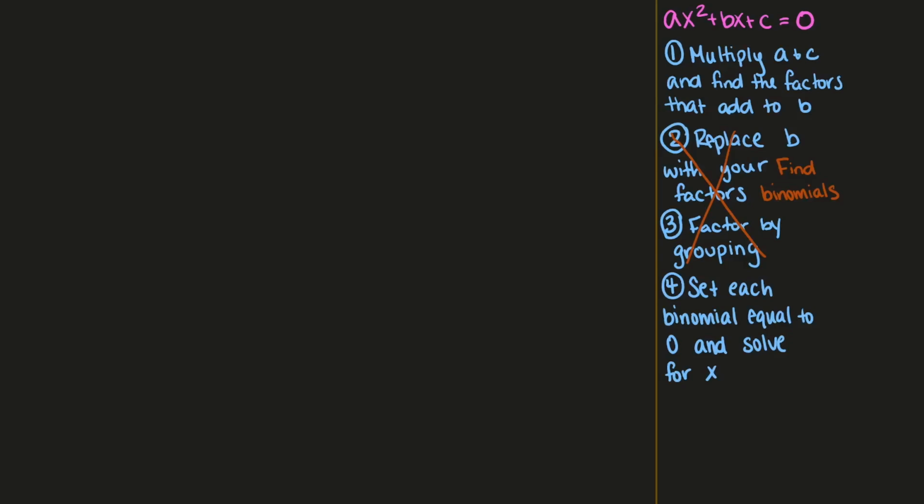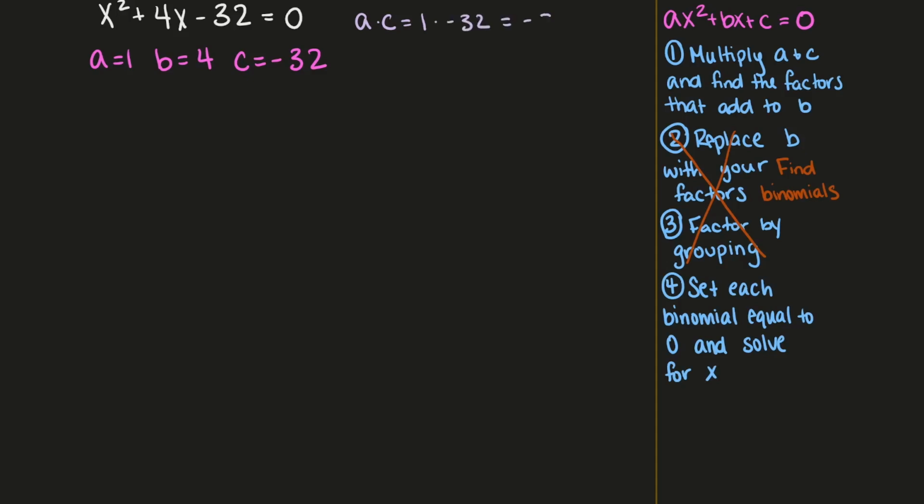And here is example 6, our last example for solving by factoring. We have x squared plus 4x minus 32 equals 0. Our a is 1, b is 4, and c is negative 32. So our a times c is going to be 1 times negative 32, which is negative 32.